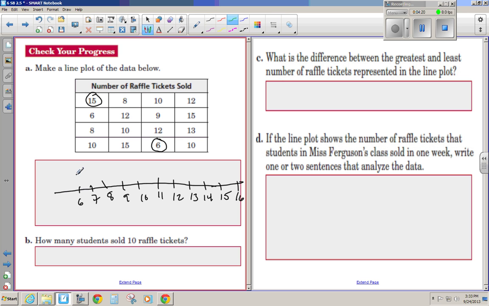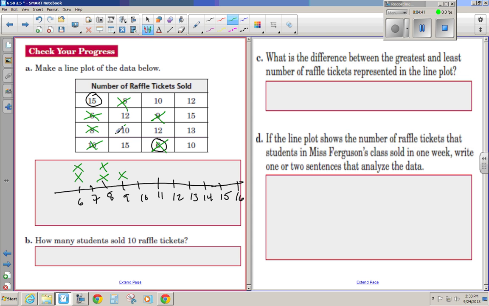How many 6s are there? 1, 2 6s. 7s, none. 8s, here's 1. Here's another one. Looks like there's 1 9.